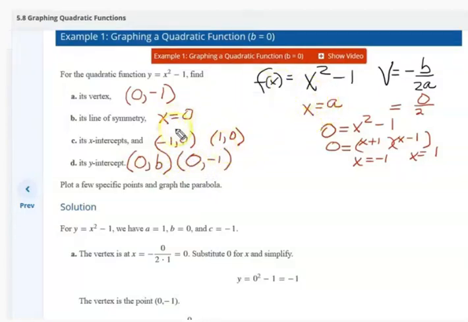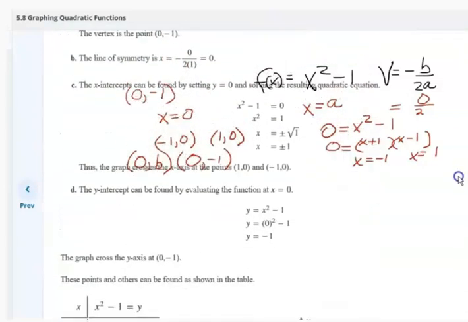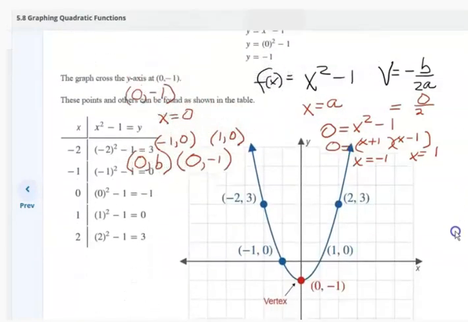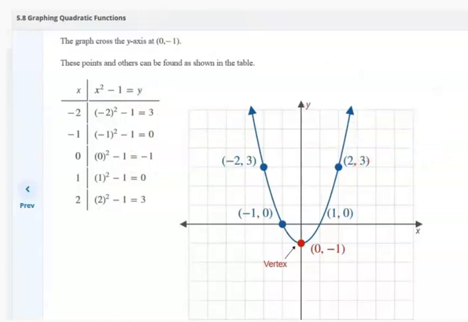Now, if we take all of this data and then find some other points, as we go down, we make the graph, making a t-chart, and we'll clear this up so you can see it better. There's your vertex. Axis of symmetry is x equals 0.